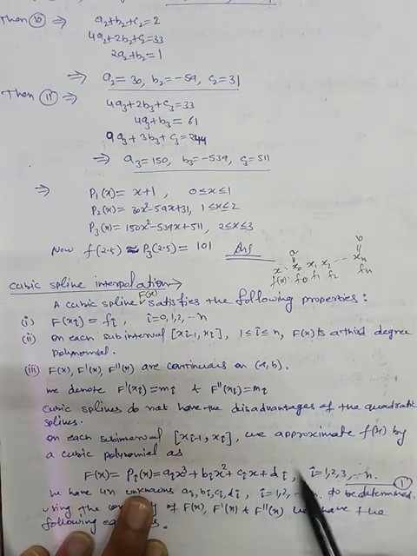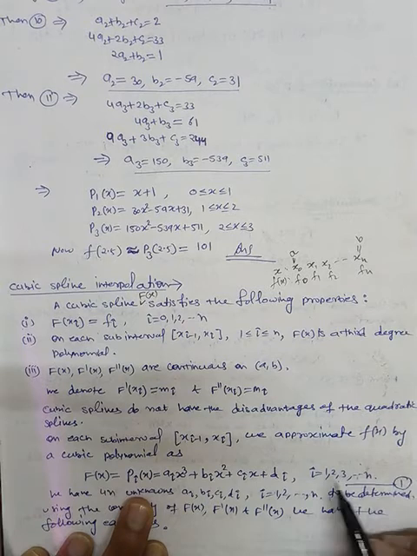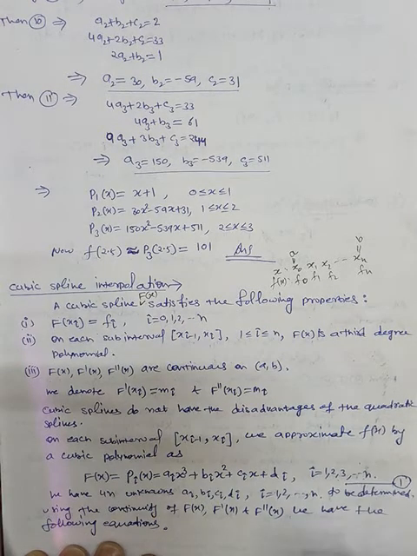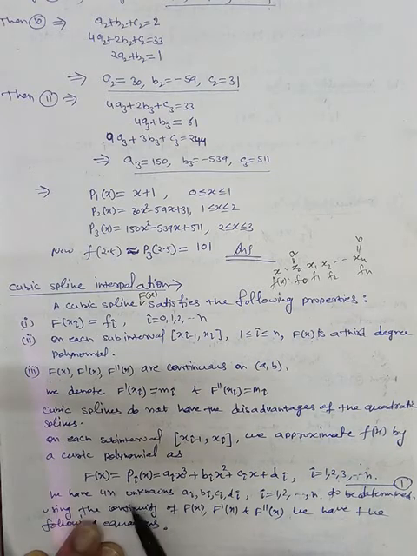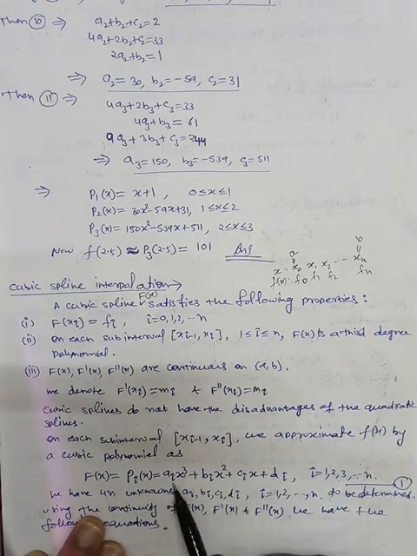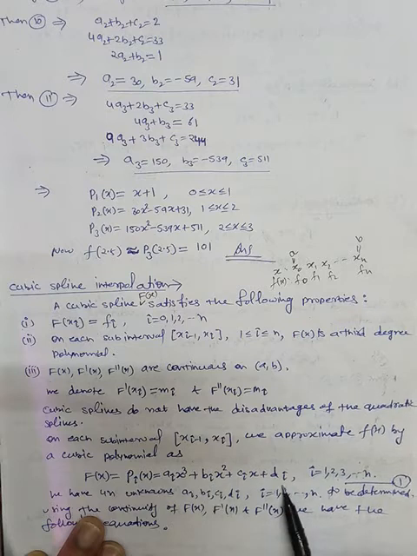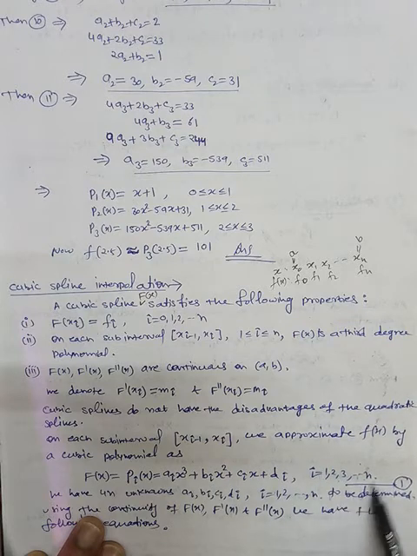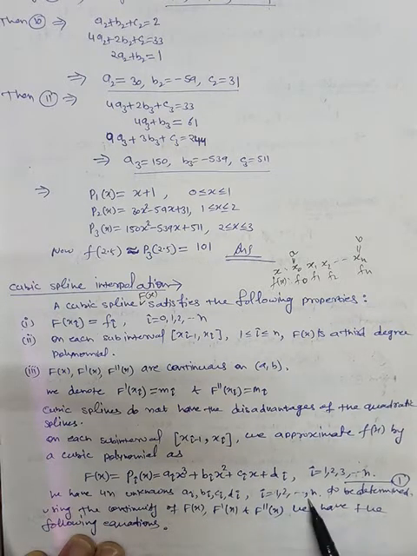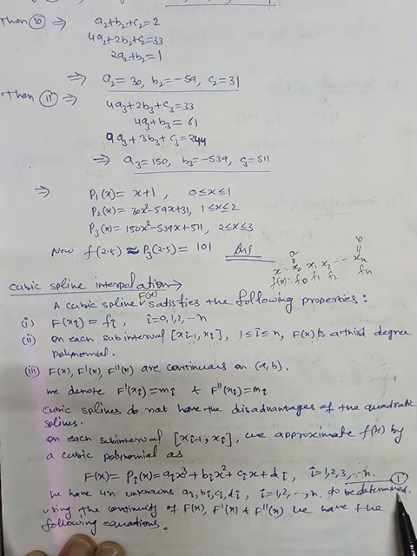So this is a cubic polynomial where i varies from 1, 2, 3 to n. Now we have 4n unknowns, because for each i we have 4 unknowns: ai, bi, ci and di. There are a total of n values of i, and that's why we have 4n unknowns: ai, bi, ci, di, where i varies from 1 to n, to be determined.